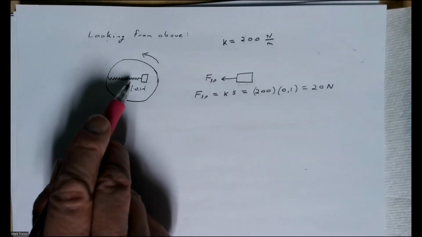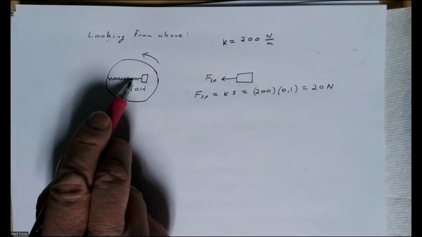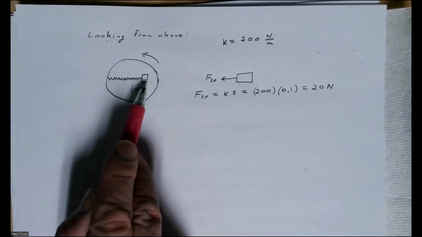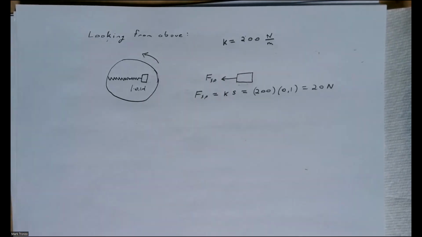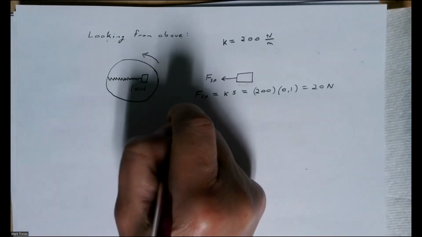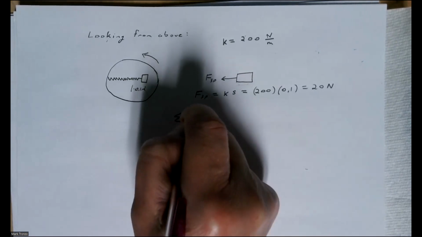And of course, it's going to be rotating about this center. So let's sum the forces in the normal direction. Again, this is pulling towards the center, and towards the center we usually count as positive.